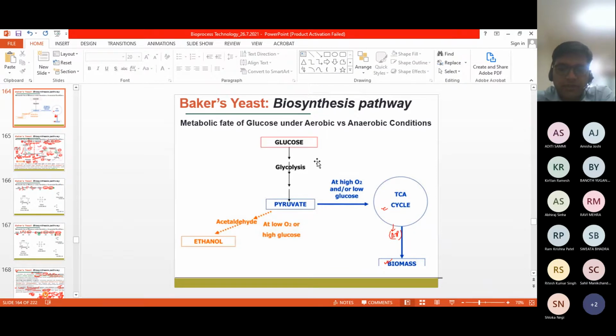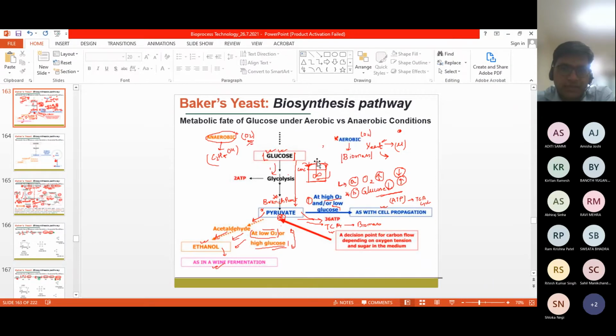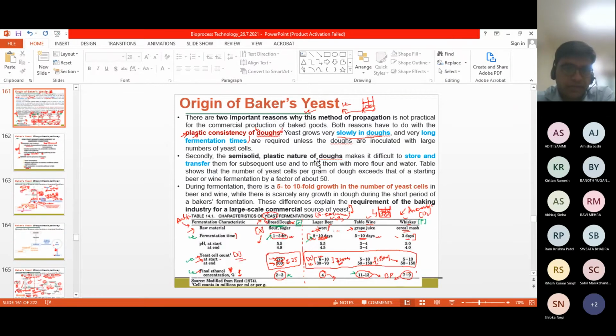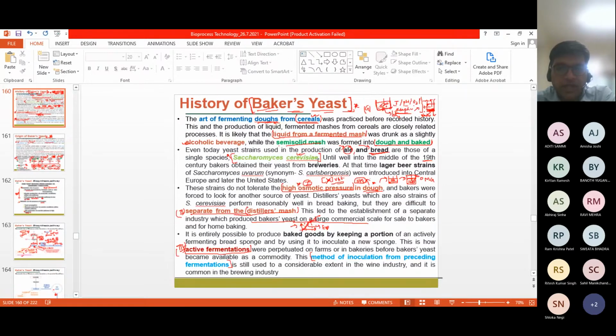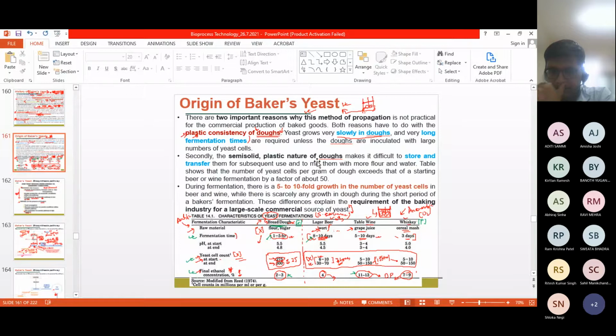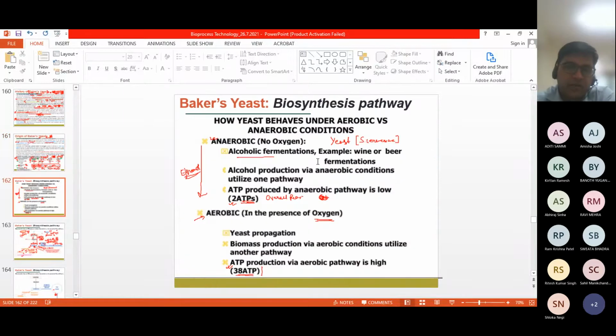So given a particular microorganism, Saccharomyces cerevisiae, the yeast, we can use it for the production of both Baker's yeast as well as ethanol. The production of both of them depends upon the conditions we keep during our fermentation process.